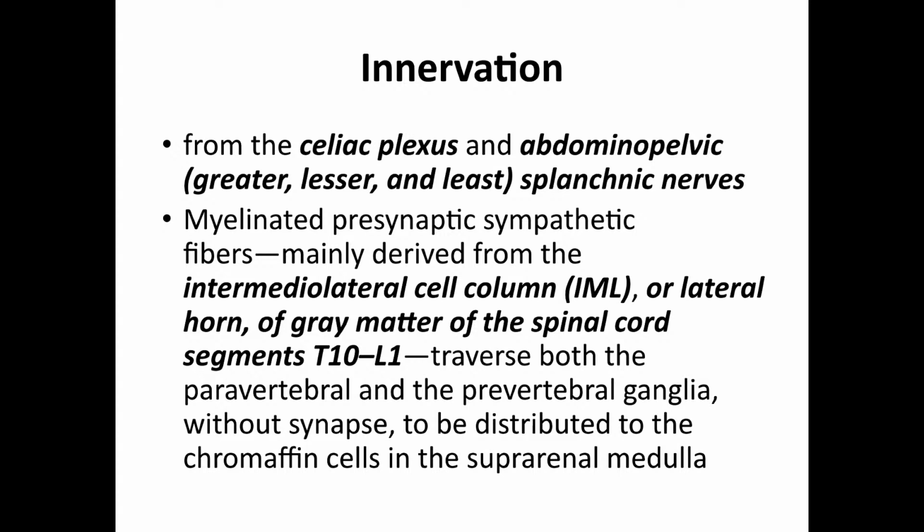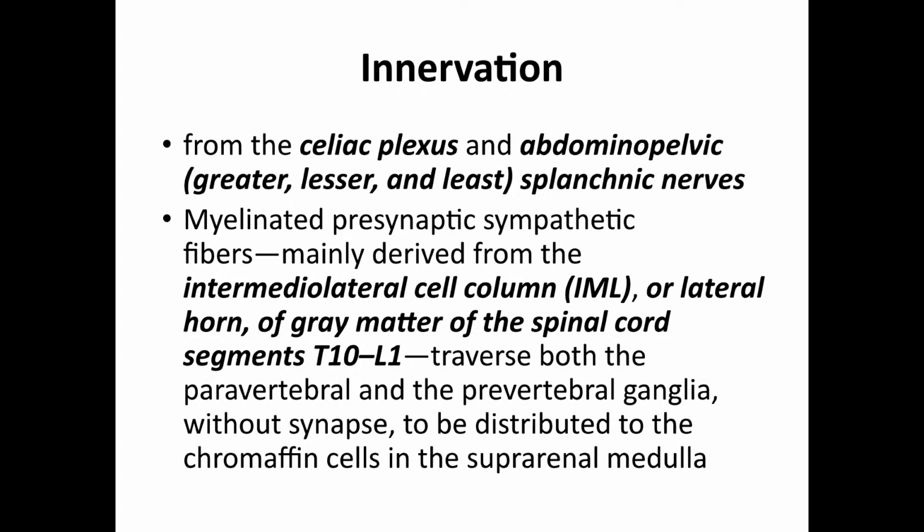Myelinated presynaptic sympathetic fibers are derived mostly from the intermediolateral cell column of our spinal cord butterfly, or from the lateral horn of the gray matter of the spinal cord from T10 to L1. They pass to the paravertebral and prevertebral ganglia without any synapses, and they are distributed to the chromaffin cells of the suprarenal medulla.